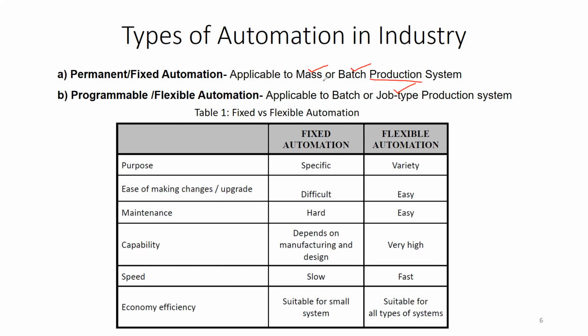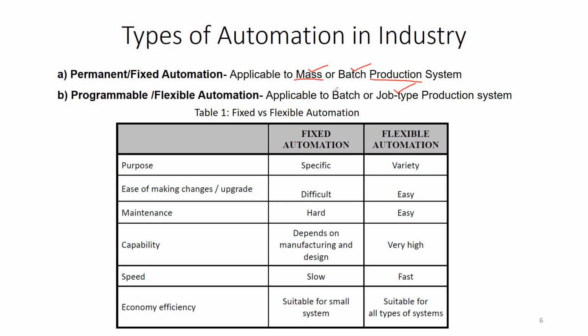When we are producing a particular part in the factory or the industry, we are either producing it in mass, that means the industry is only producing a single type of object throughout its whole manufacturing time. You can take an example, like if a particular industry is producing some nuts and bolts, which may be of different kinds, but the overall product is the same.